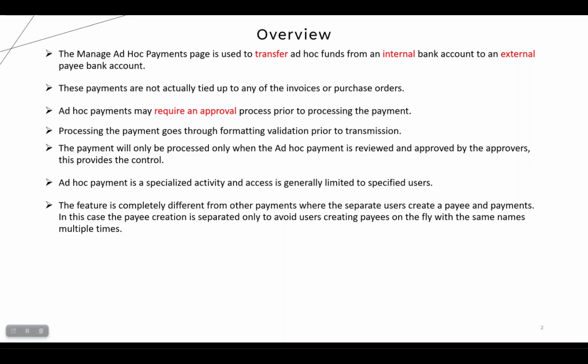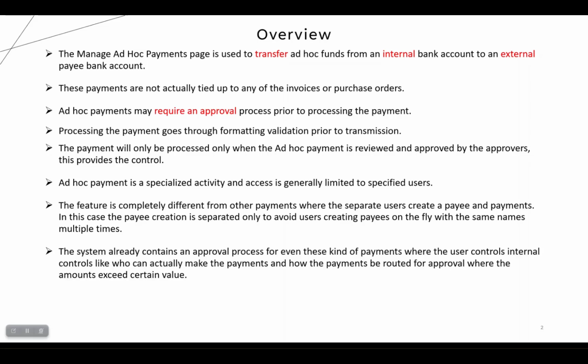You first have to create the payee in the system, and you will create the payee details through cash management, not through suppliers in payables, because again this payment transfers funds from an internal bank to an external payee. So where can we define this payee in cash management?